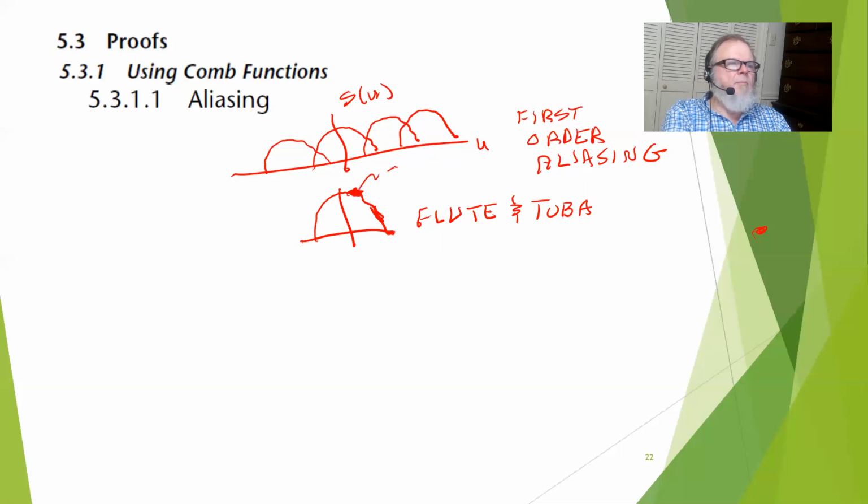Here's the tuba. And the flute, of course, has a higher frequency. So it could be that in the aliased spectrum the tuba part of the spectrum remains unscathed, and it's only the high frequencies that get aliased. We can see that in the previous slide that we looked at, where that high frequency sinusoid manifests itself as a low frequency. So yes, that's clearly a problem. But we can actually regain the tuba, okay.